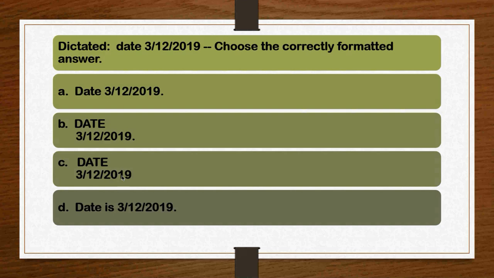Okay. How about this one? Formatting dictated date 3/12/2019. Which one is correct? Okay, there's a mixture of answers here.